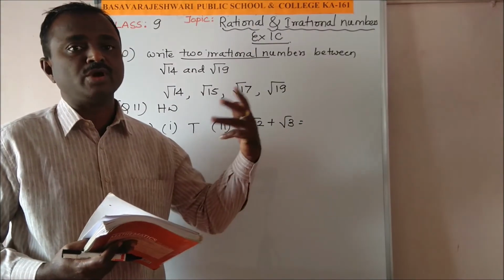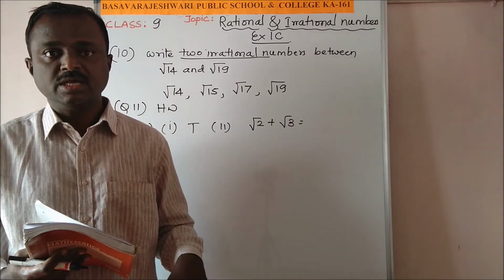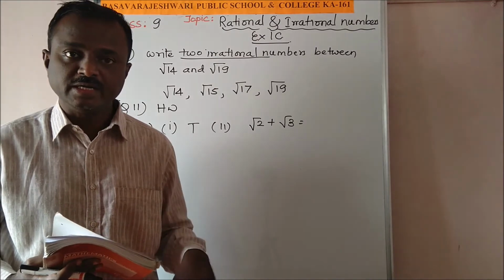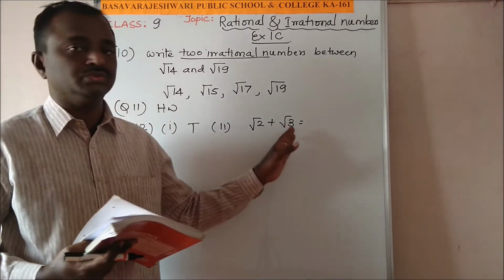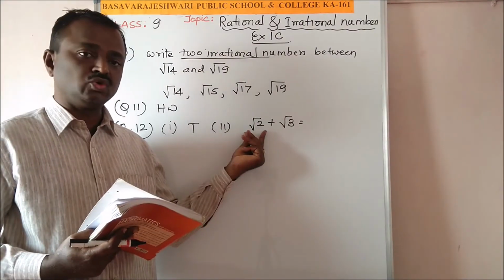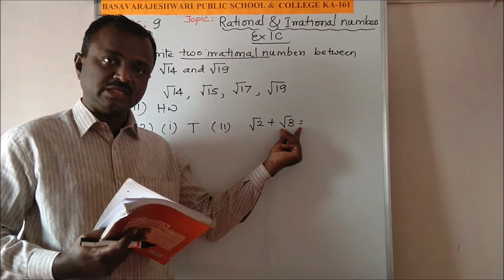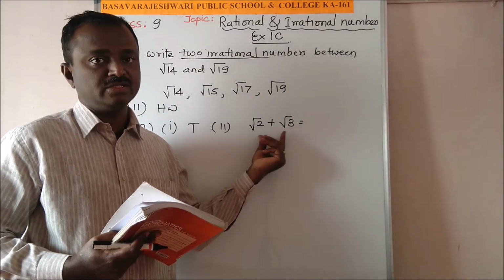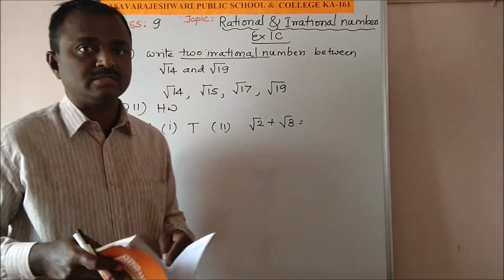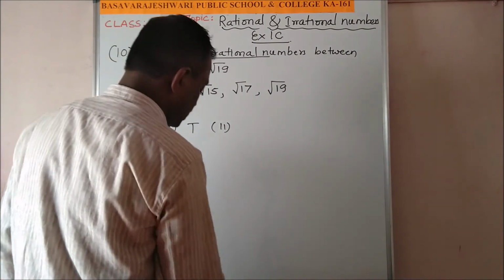Suppose if I get 0.5, that is nothing but 5 by 10, correct? If I get 0.005, I can write 5 by 100. The value of root 2 is a decimal number, and the value of root 3 is also a decimal number. If I add these two, then I can get a rational number but not necessarily an irrational. So therefore it is false.